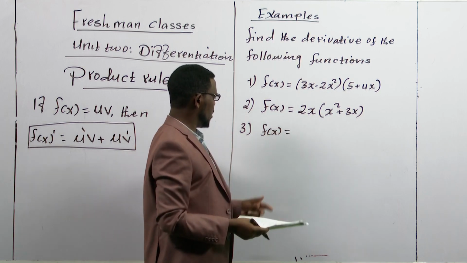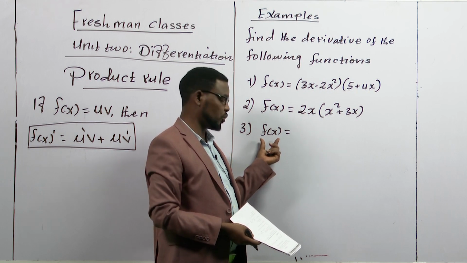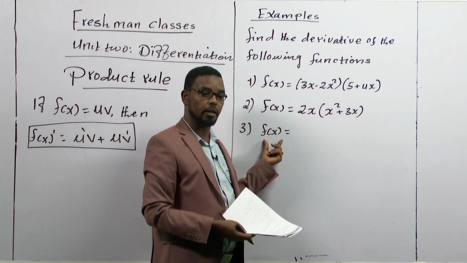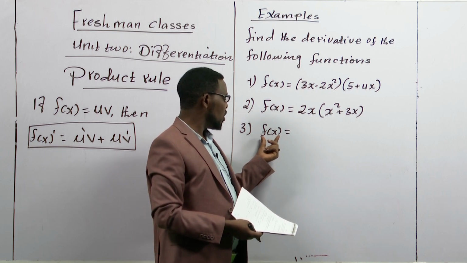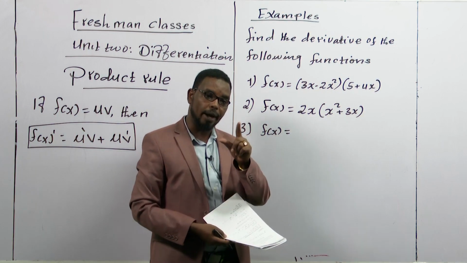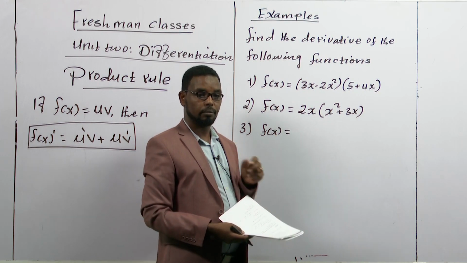We can take any function name, g of x, h of x, any letter. It is not compulsory to take only f of x. f of x also is equal to y.